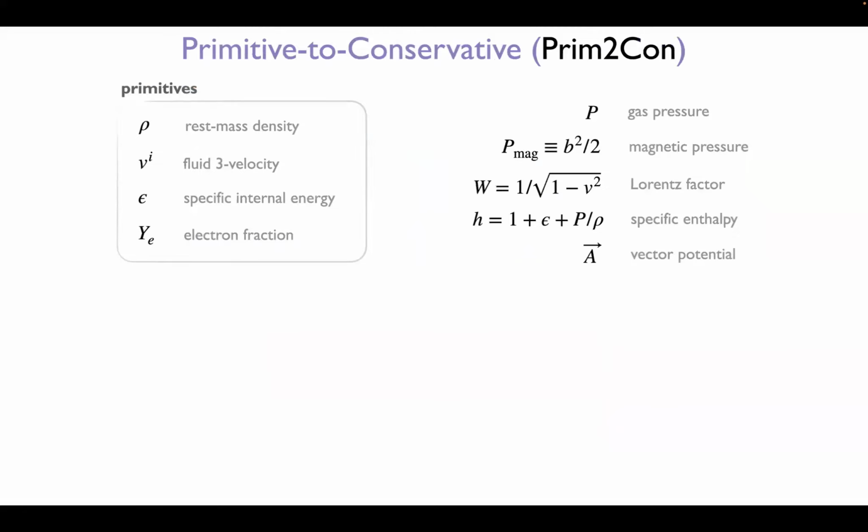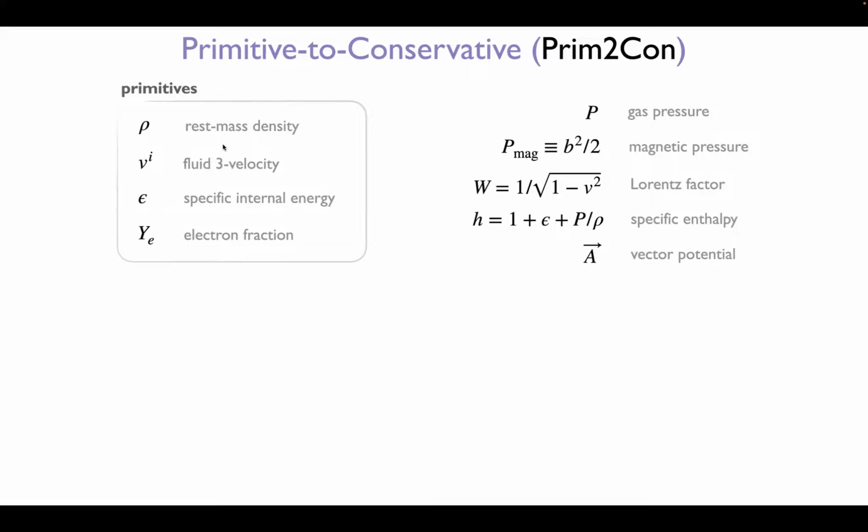Now, you may have already heard a bit about GRMHD from the talk of Professor Philipp Mösta. But just to give you a very quick recap of what everything entails in GRMHD, the variables you're trying to solve or evolve are called conserved variables. Based on those, the actual physical variables that you care about are the primitive variables.